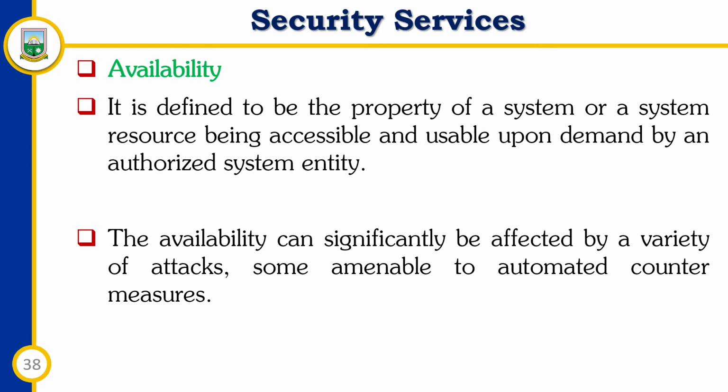In other words, availability guarantees that systems, applications and data are available to users when they need them. So if you're accessing a system and it's unavailable, it falls under the availability security service of the X800 model.